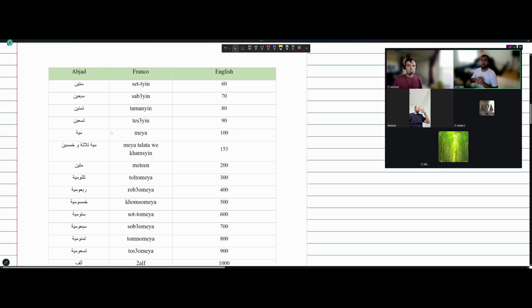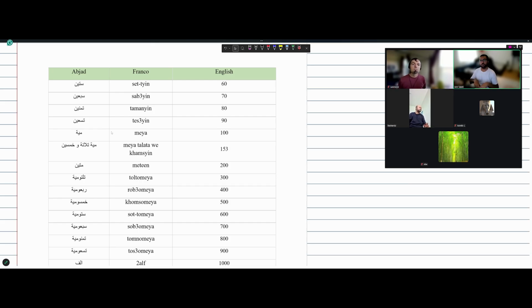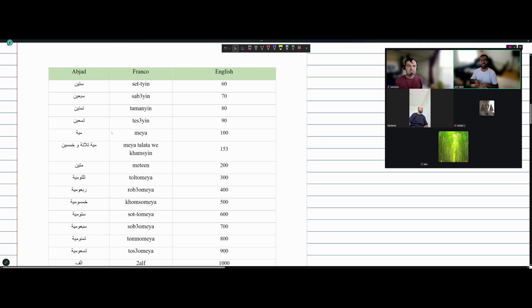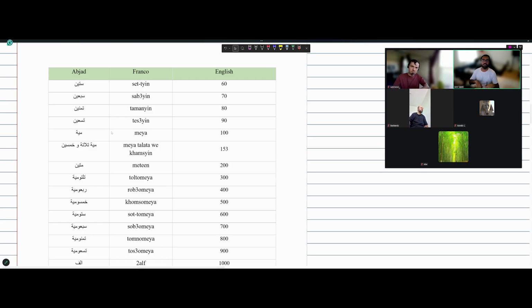And then we have meya, that's 100. Not to be confused with maya, that's water. So if I want to say 153, it would be meya, so the 100 first. ثلاثة comes second, and the 50 comes third.